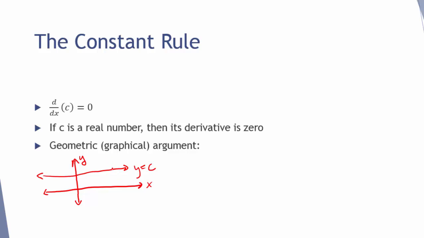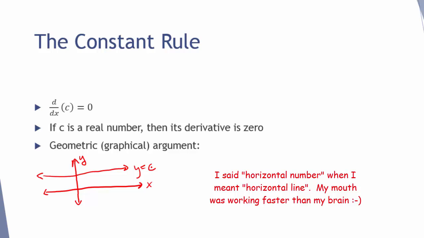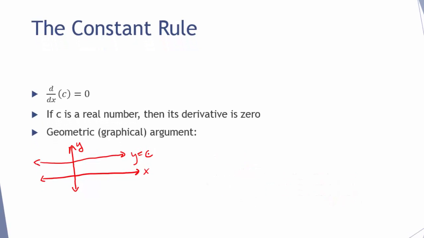So when you talk about the derivative of this constant function, if you're looking at its graph, you're talking about the slope of its tangent lines. Well, it doesn't matter which x value you're looking at. The tangent line to a constant function is always going to be horizontal. And what's the slope of every horizontal line? Well, it's 0. So that's why the derivative of any constant is going to be 0. So that's the geometric argument.